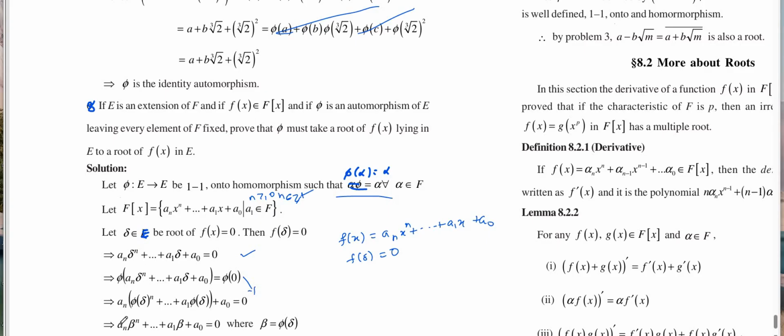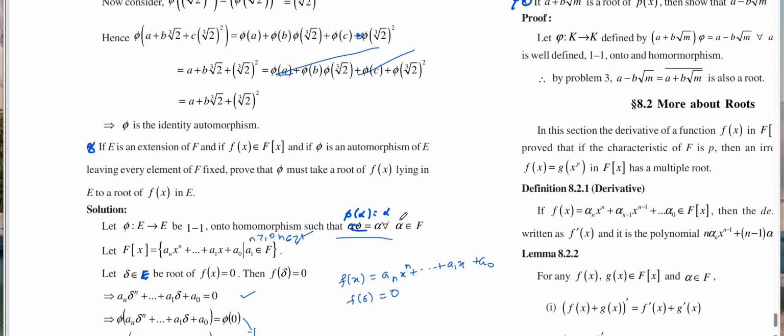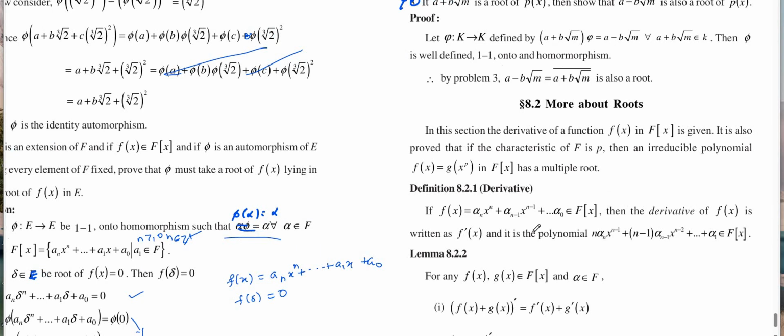Phi of delta, take it as some beta. So beta is a root of f of x. Beta is also a root of f of x. That is what we wanted to establish, and that we have got.